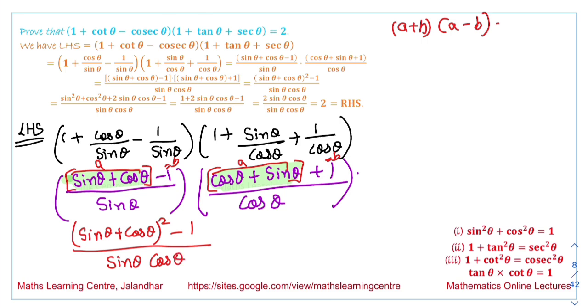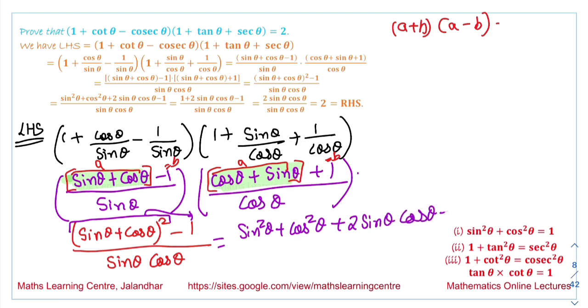If we open this bracket, what we will get is sin square theta plus cos square theta plus 2 sin theta cos theta minus 1 over sin theta into cos theta.